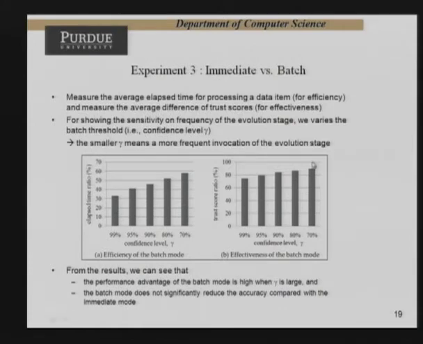And it's around 90% when we use the 70% confidence level. From this result, we can see that the advantage of the batch mode is that it significantly reduces the computation overhead compared to the immediate mode, while still having good accuracy in the computation.